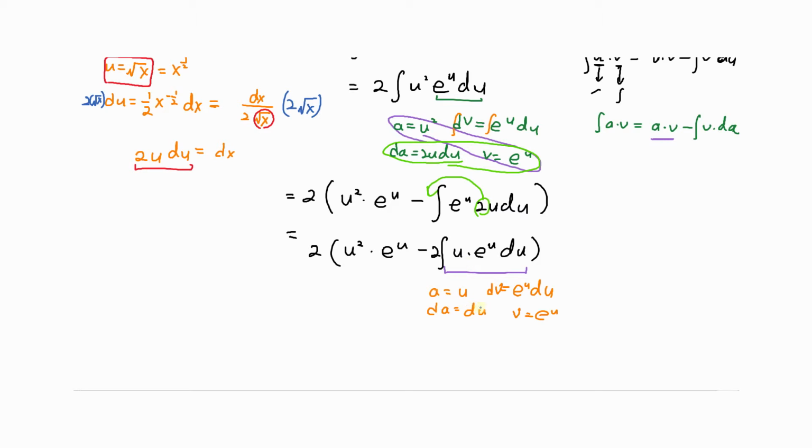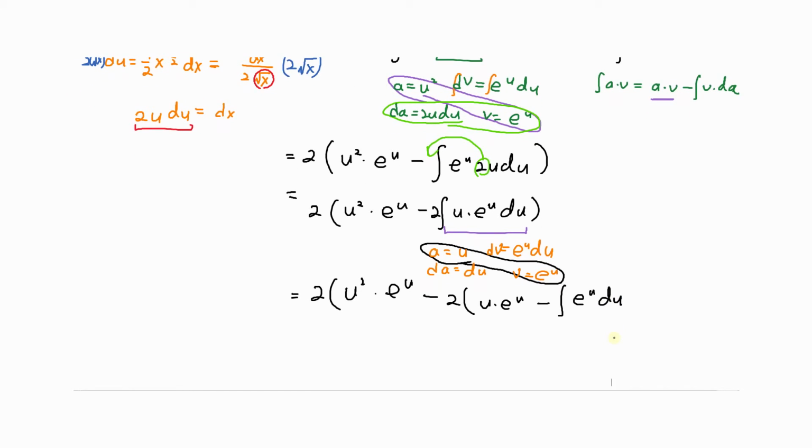Again, I'm going to have a times v minus the integral of v times dA. So that is u times e to the u minus the integral of e to the u du.